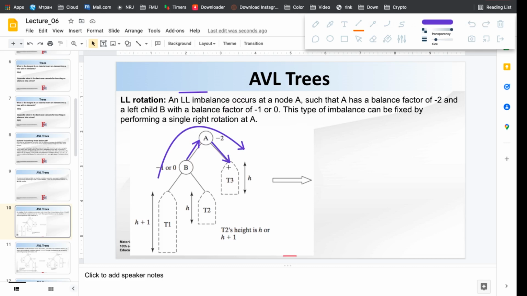Once you understand it, it's more or less easy to understand what's going to happen next. That's B, that's A. Now let's see what we have left: T1, T2, T3. And by the end of our rotation, the whole thing has to be balanced.